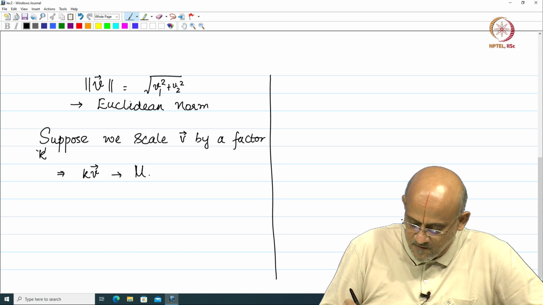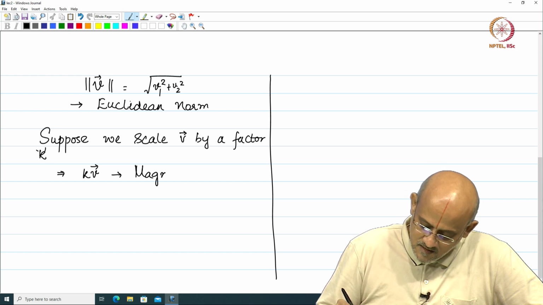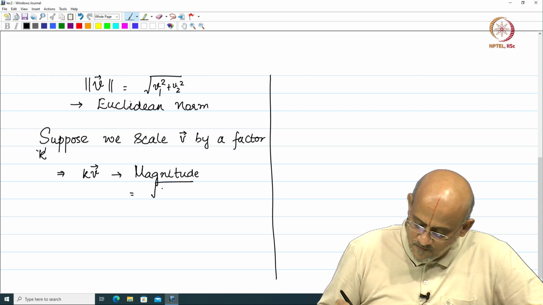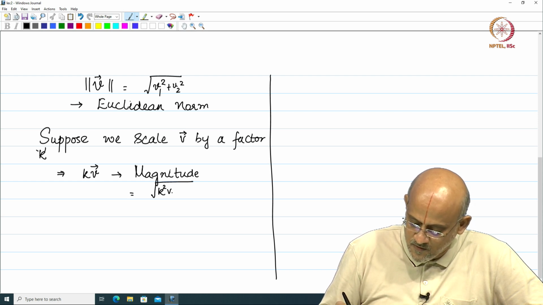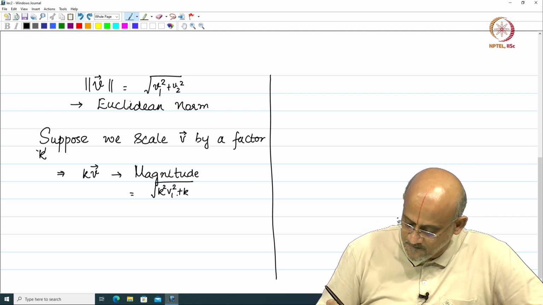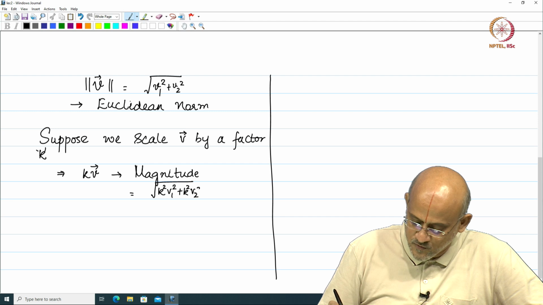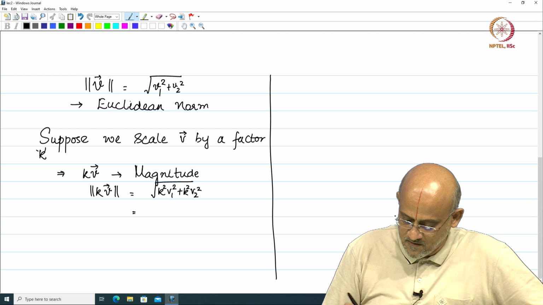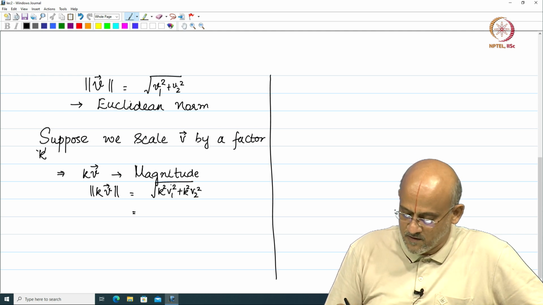The magnitude of k v is nothing but square root of k square v 1 square plus k square v 2 square, and we know that we can pull the square root of k square outside.